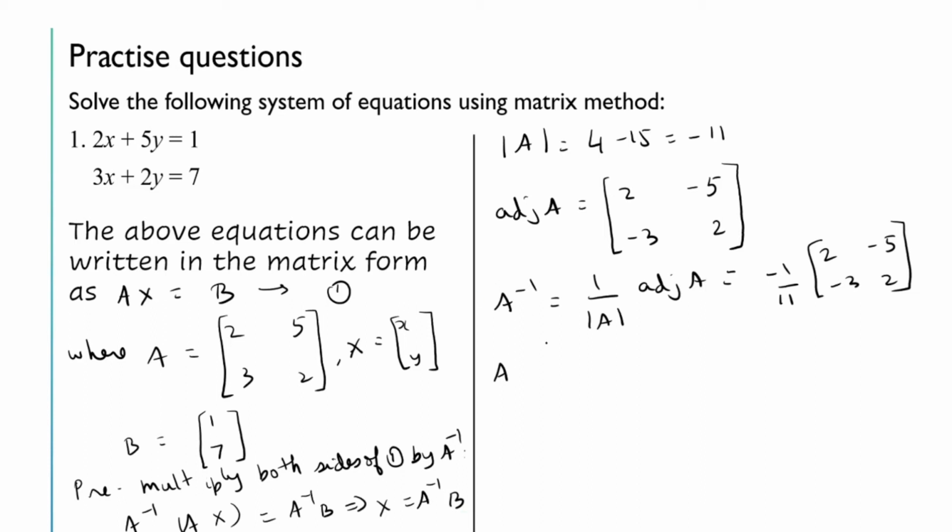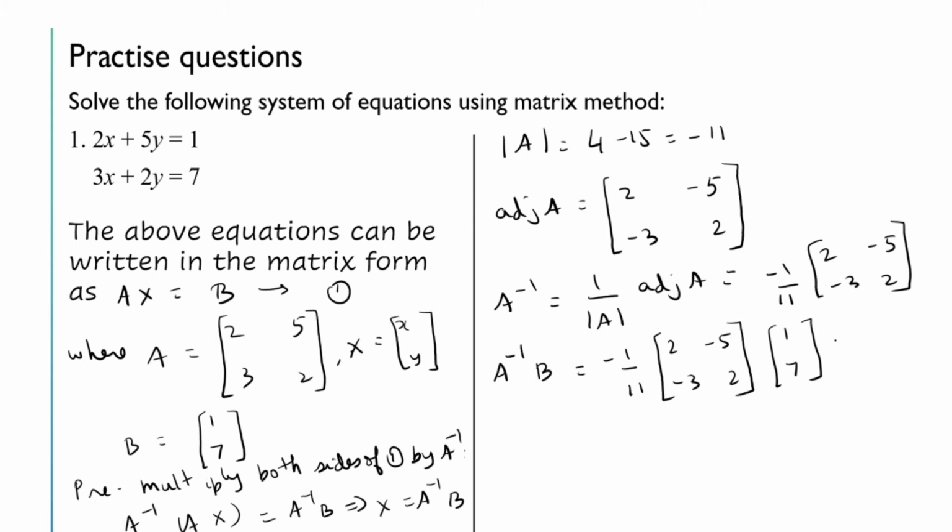So now let us find A inverse into B, which is equal to minus 1 by 11 into 2 minus 5 minus 3, 2 into B, which is 1, 7.